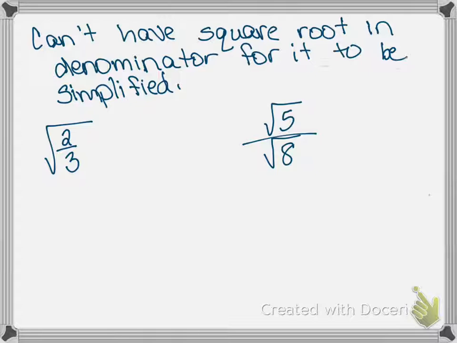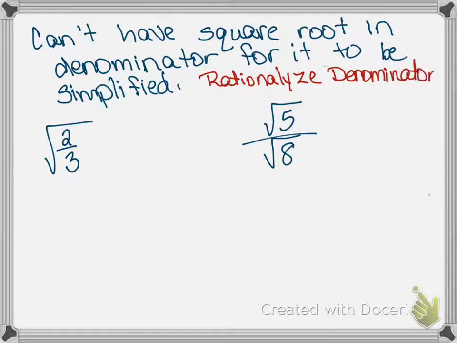What we are doing here is something called rationalizing the denominator. I teach trig online, and this is one of the things that has come up in my trig class.